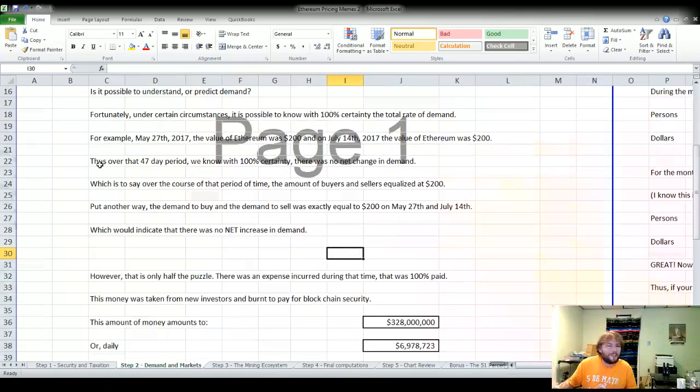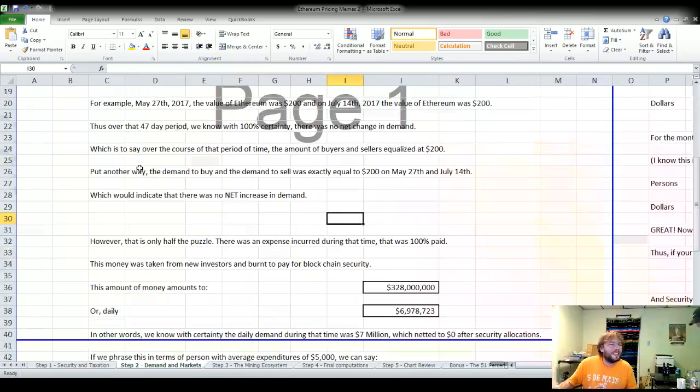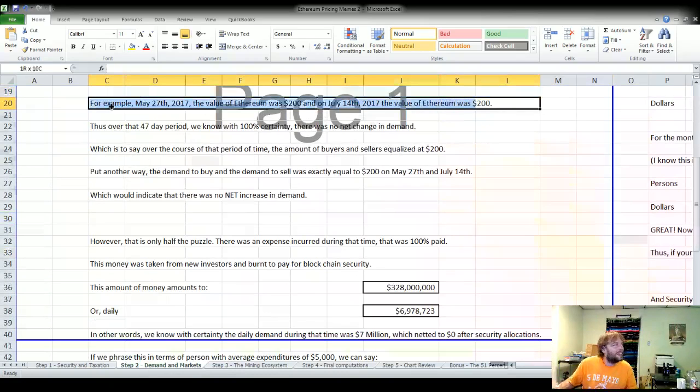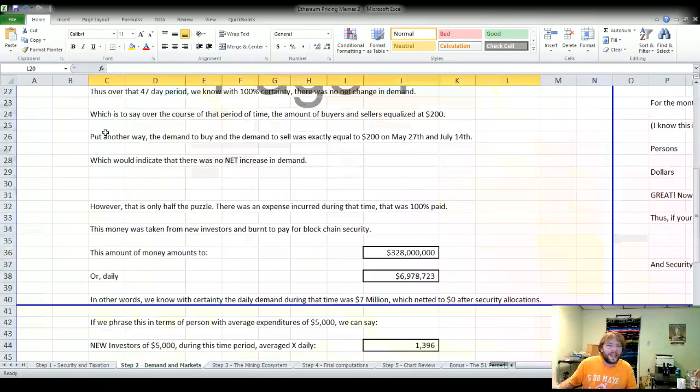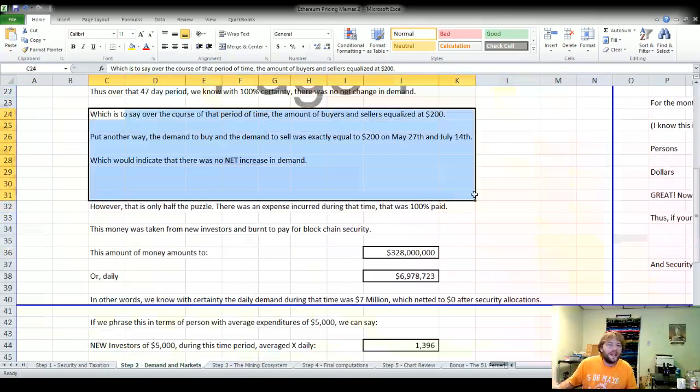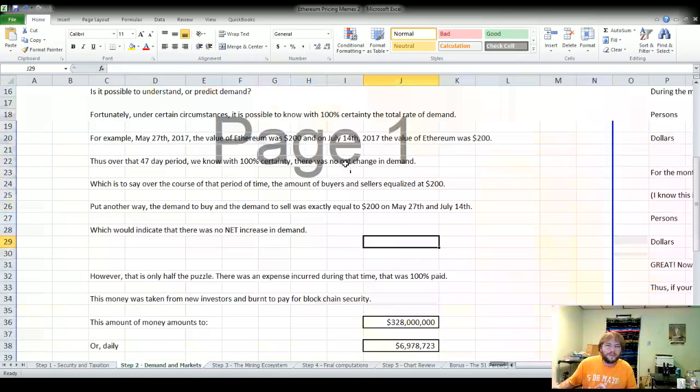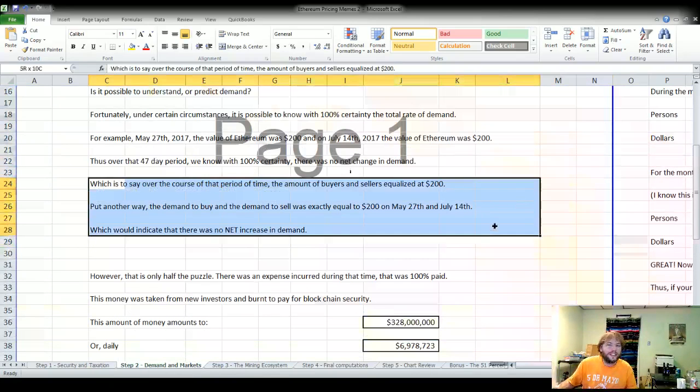Thus, over the 47-day period, we know with 100% certainty there was no net change of demand because Ethereum price went from 200 to 200. Would you agree with that statement? What we're talking about here is an assumption: if the price stays the same, there really isn't a change in demand.